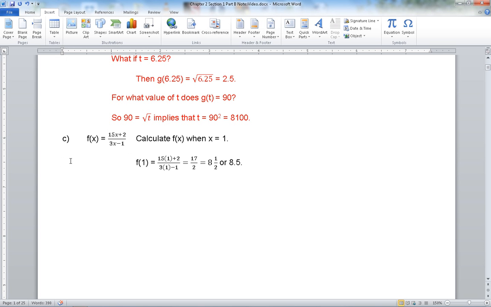Well, in this case, we plug the value 1 in wherever there's an x. So 15 times 1 plus 2, so that would be 15 plus 2, or 17 for the numerator. And in the denominator, we have 3 times 1 minus 1. So that would be 3 minus 1, or 2. So 17 halves, or 8 1/2, or 8.5 would be the solution.